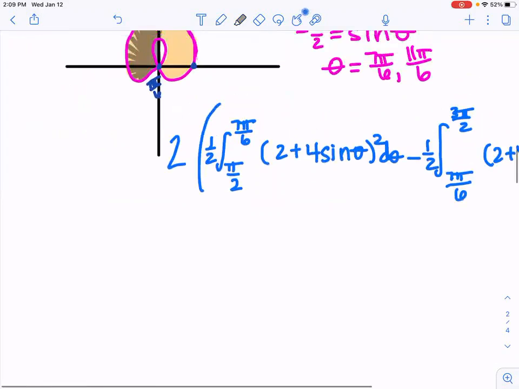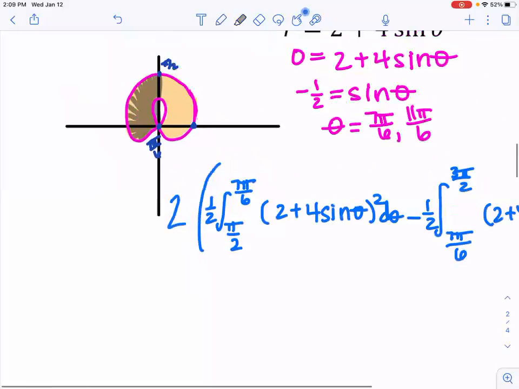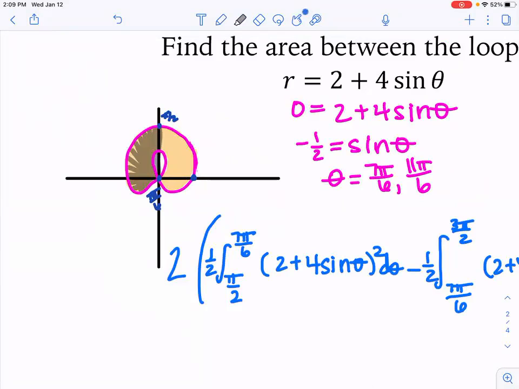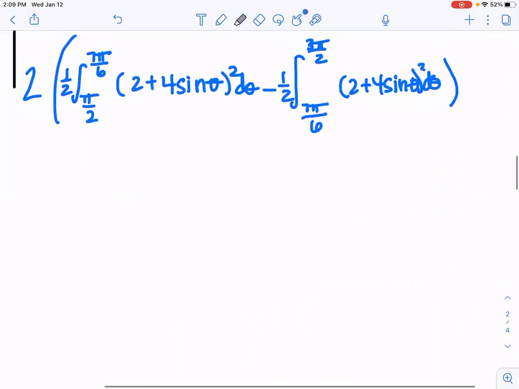Here, this is 3 pi over 2, right here. Oh, so you're doing 7 pi over 6 to 3 pi over 2? Yeah.